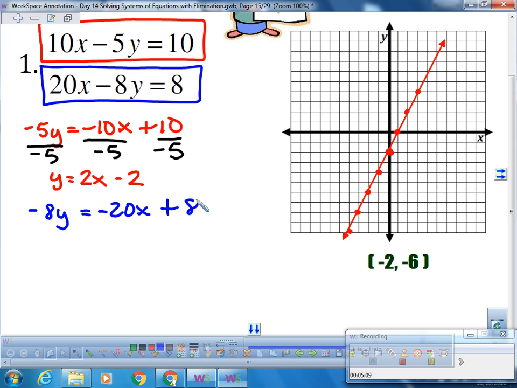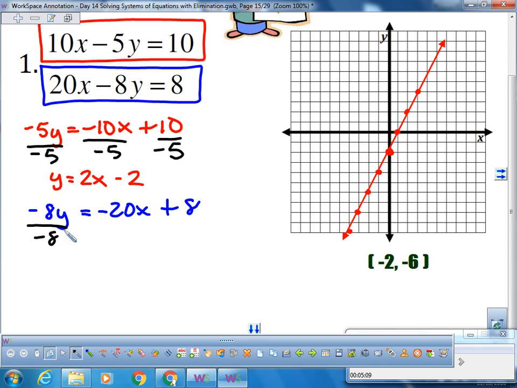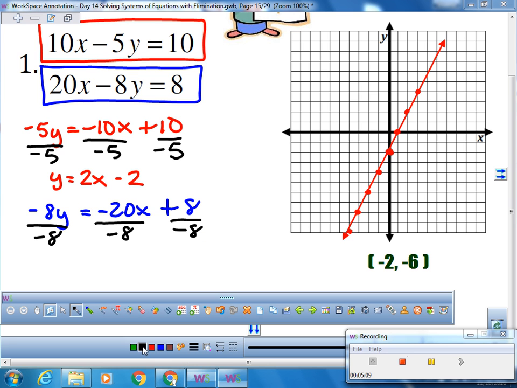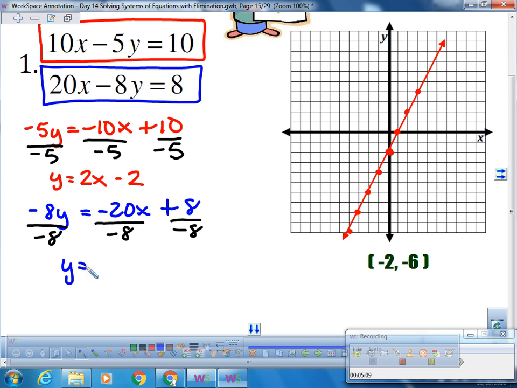Divide everybody by negative 8. Once I do that, I get y equals, how is this going to simplify? What can I divide both of them by? 4. 4 would be a better one, right? So if I divide this by 4, I'm going to get positive 5. If I divide this by 4, I'm going to get 2. And this is going to be negative 1.